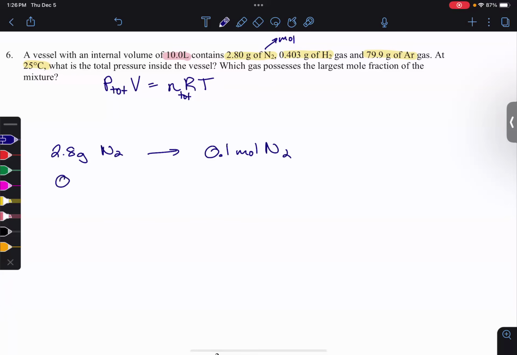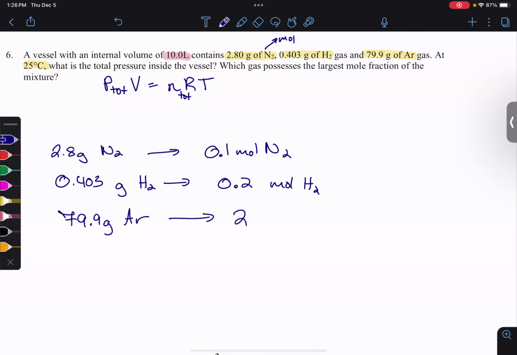And then 0.403 grams of hydrogen, I think that's 0.2 moles of hydrogen. Sorry, sig figs kind of just went out the window here. And then finally, 79.9 grams of argon. This is 2 moles of argon, right? So you have 3 different gases here: 0.1 moles, 0.3 moles, 2 moles.